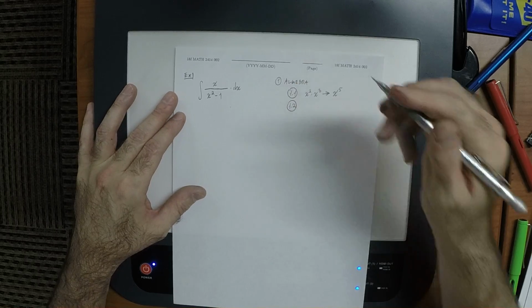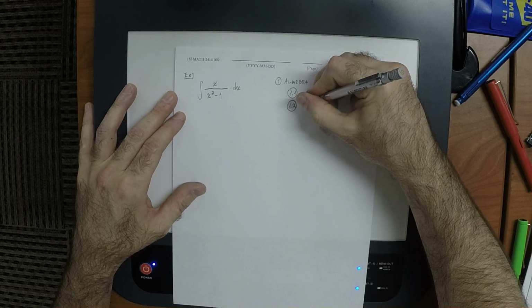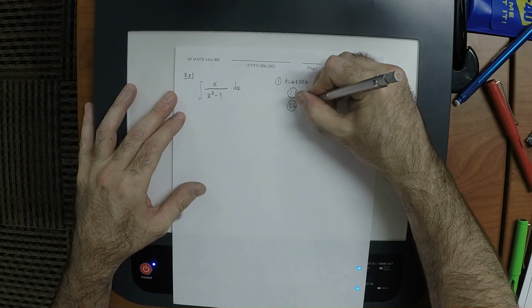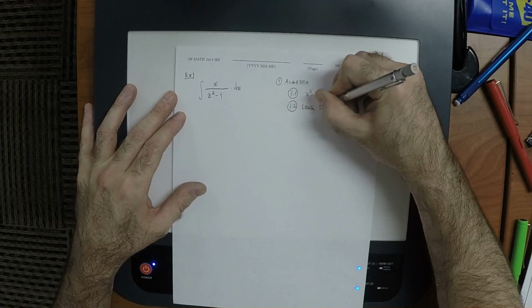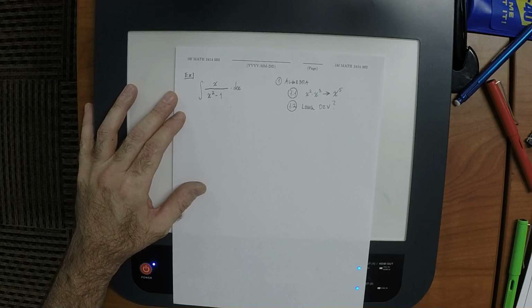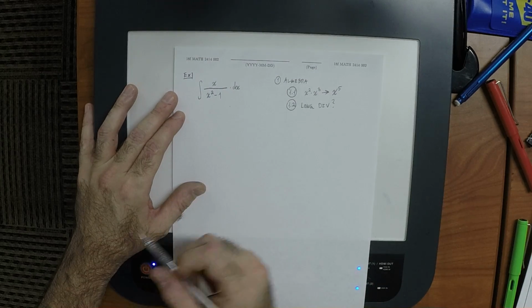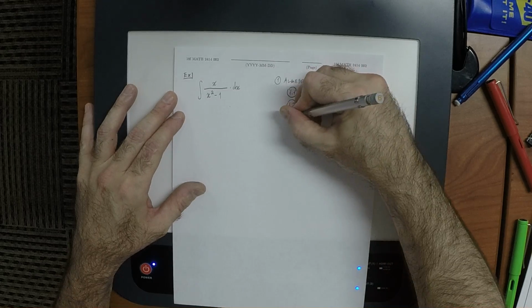1.2, then you ask, is it possible to do some other algebraic thing? For example, is it possible or necessary to do a long division? So do we need to do a long division? No, because it's a rational function, but it's proper. So we need not perform a long division.